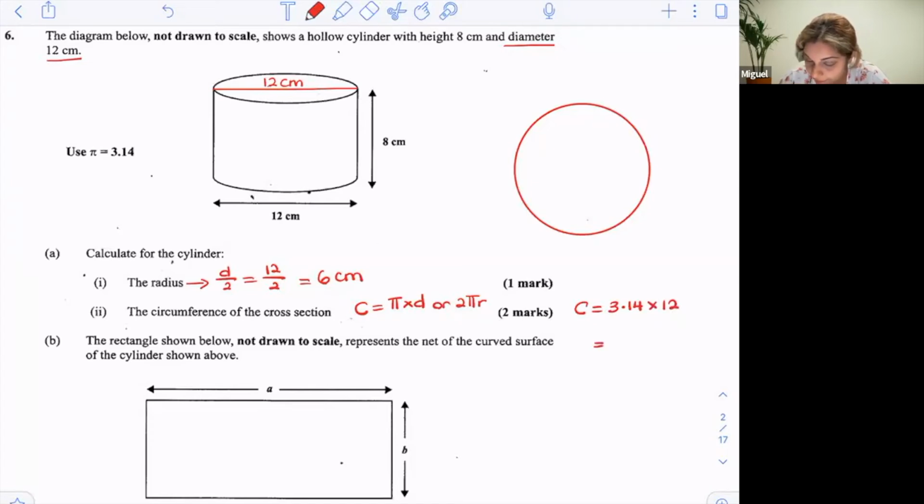Therefore, every single student writing the exam is supposed to get the same answer because they have specified a value for pi. So pay attention to that, please. The answer that I have is 37.68 centimeters. Did anybody else get it?